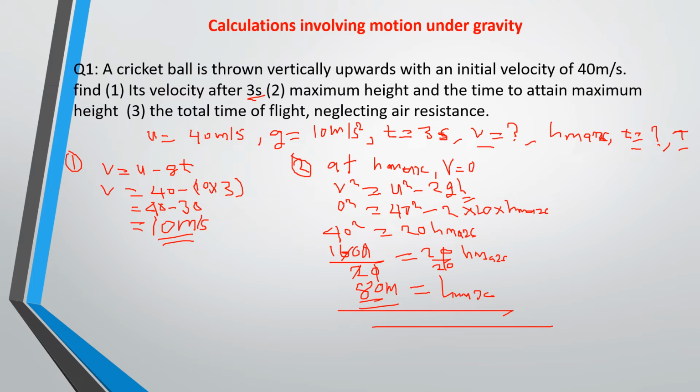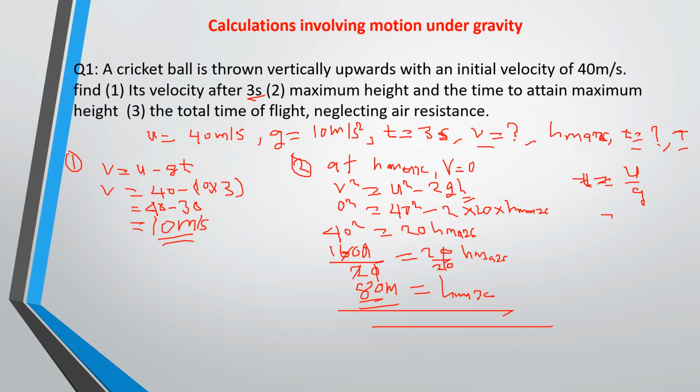From the equation that we derived in the first lecture, the time to attain maximum height, t, since the final velocity at maximum height is equal to 0, don't forget that at maximum height v is equal to 0. So t to attain maximum height is equal to u over g.